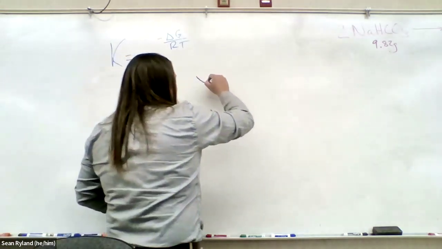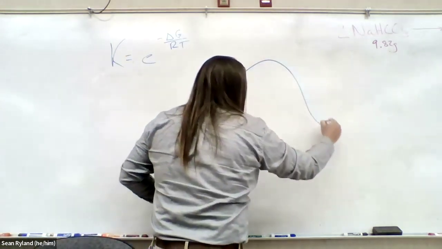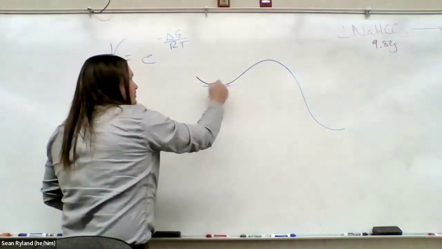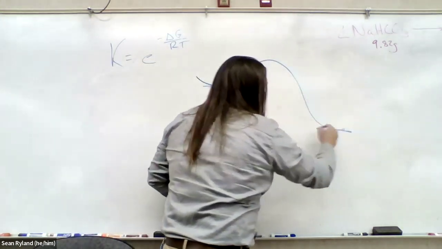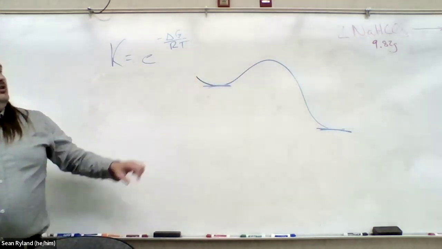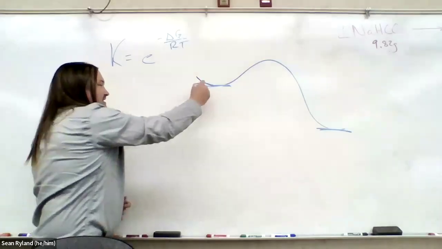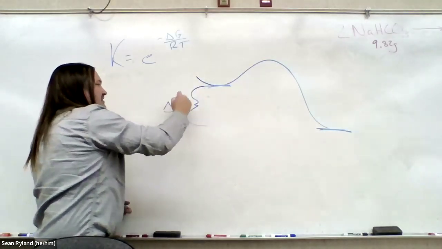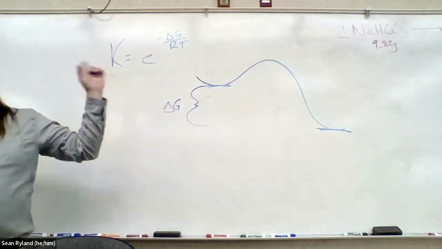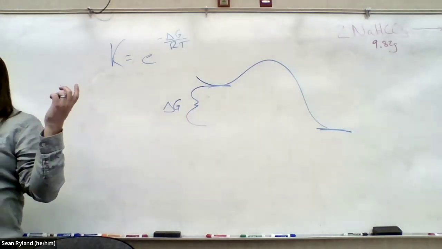What this really means, though, is if we have a reaction where there are two possible states, your reactant state and your product state, the equilibrium constant is going to be based on the difference between these two. Delta G is another very specific form of energy, so we can just think of it as energy.